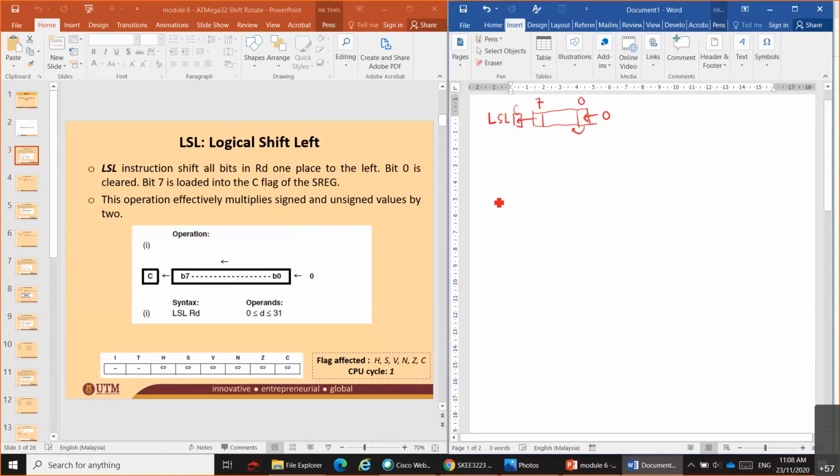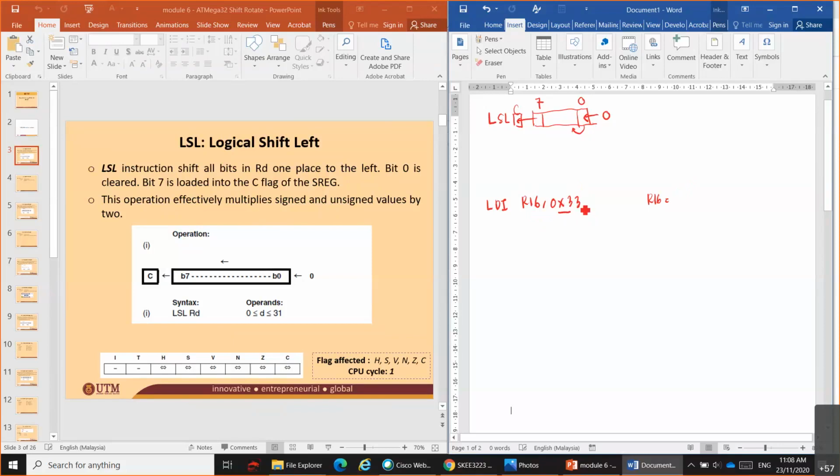Let's look at this as an example. You have LDI R16, 0x33. Inside your R16, you have the value 33. For this kind of question or instruction, you need to convert this hexa to a binary number.